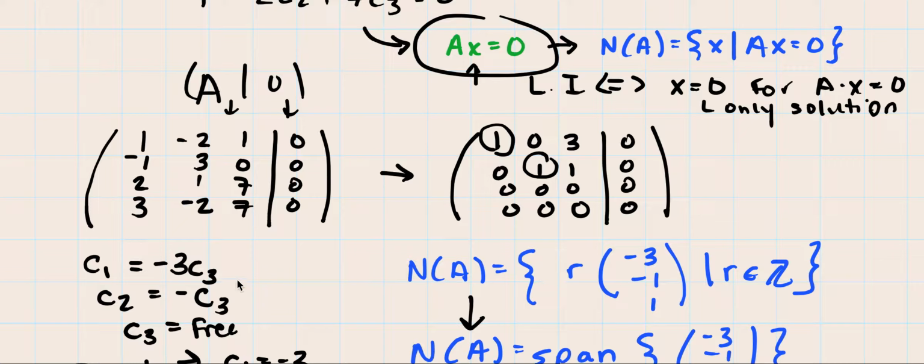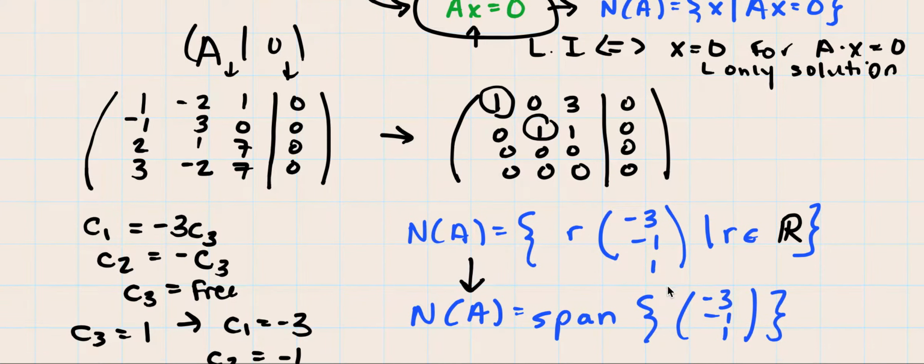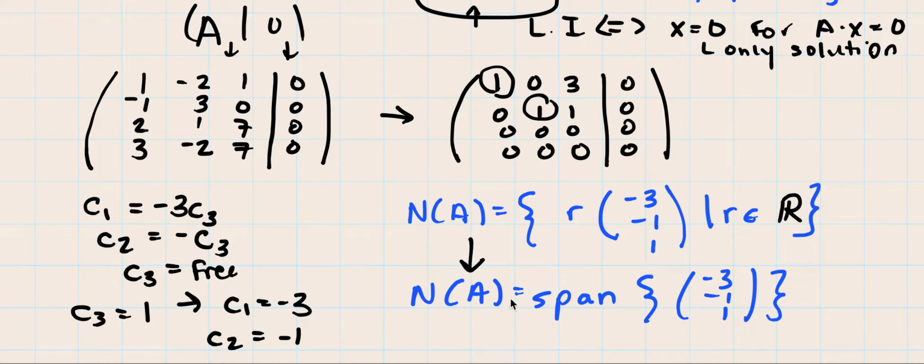If we substitute r in for c3, we get r times (-3, -1, 1), where r is anything in the real numbers, not the integers. This is the null space, which has a spanning set that is just this vector here. And we can see that the null space is not just the 0 vector, which tells us that these vectors are not linearly independent. They're linearly dependent.